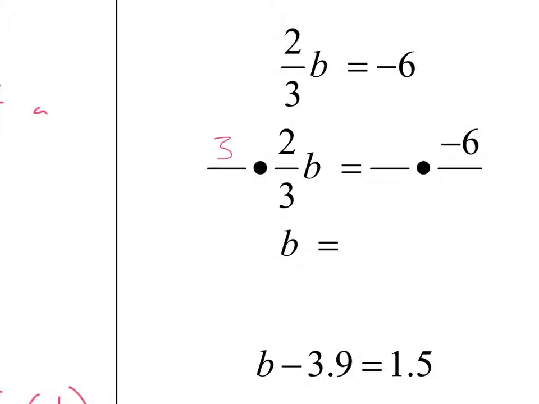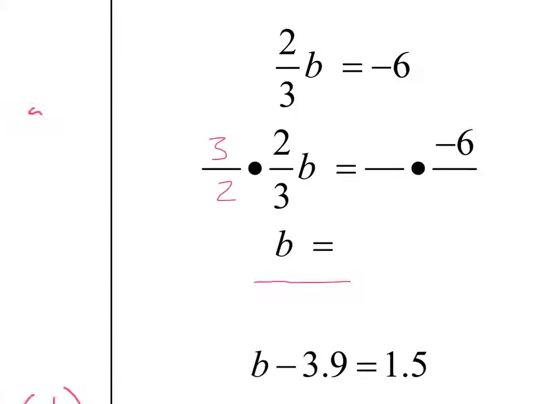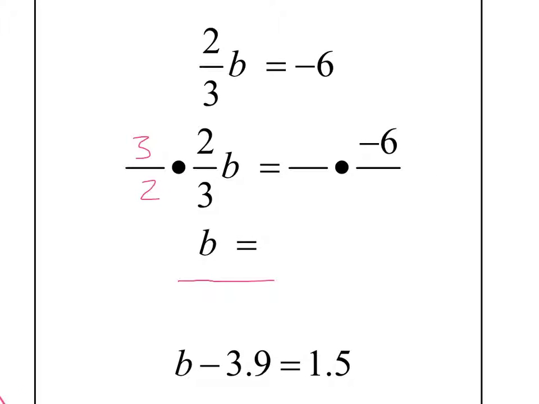Multiplying by our reciprocal in this blank over here would give us 3 over 2, which means that on the other side we need to do the exact same thing, which is multiply by 3 over 2. So top times top, bottom times bottom is going to give me 6 over 6.